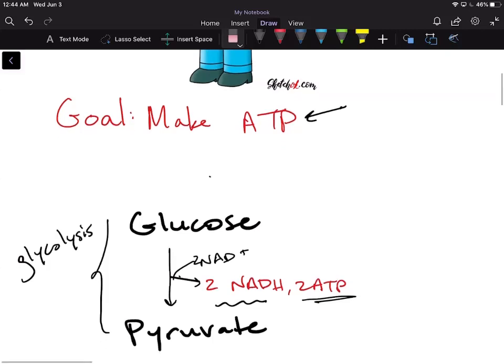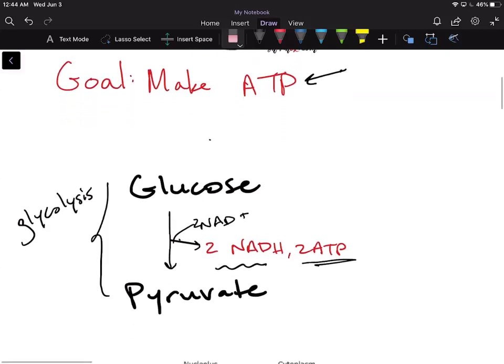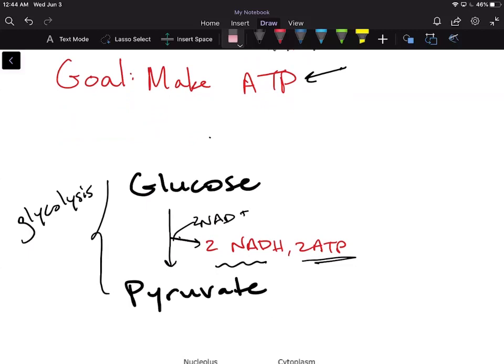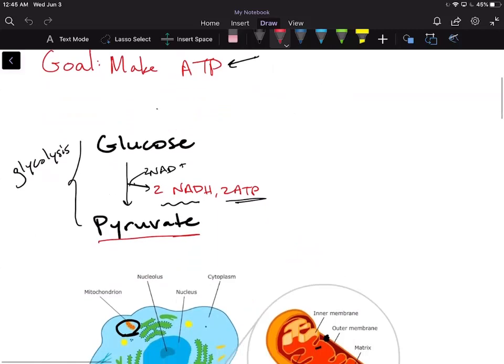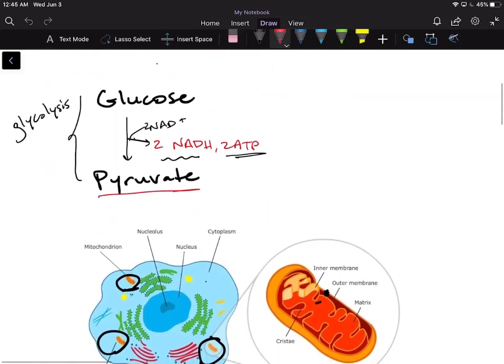But okay, so we made 2 NADH in glycolysis, and now this pyruvate molecule is going to undergo more breakdown through PDH and the TCA cycle. I just wanted to add one detail: in our class we went directly from pyruvate to PDH and the TCA cycle, and we didn't really talk about the mitochondria until this week.